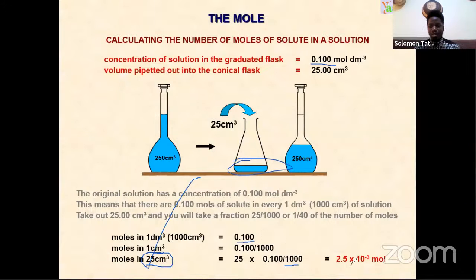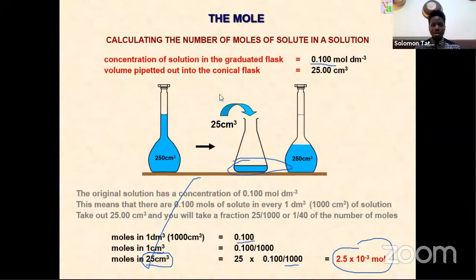So you'd get this number here, 2.5 times 10 power negative 3 after calculating. Those would be the moles in this. Remember when you pipette, the number of moles change because you have removed a certain volume. The number of moles are relative to volume. So the number of moles found here won't be the same as the ones found here, and it is proved by this calculation.